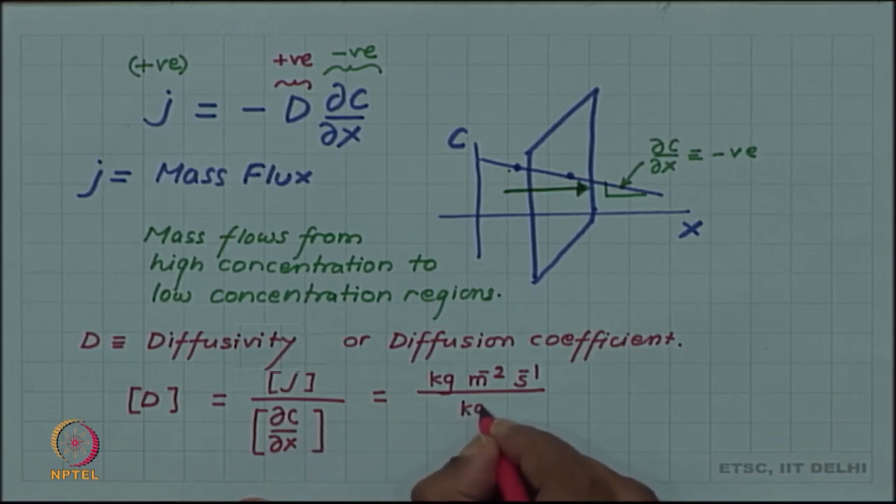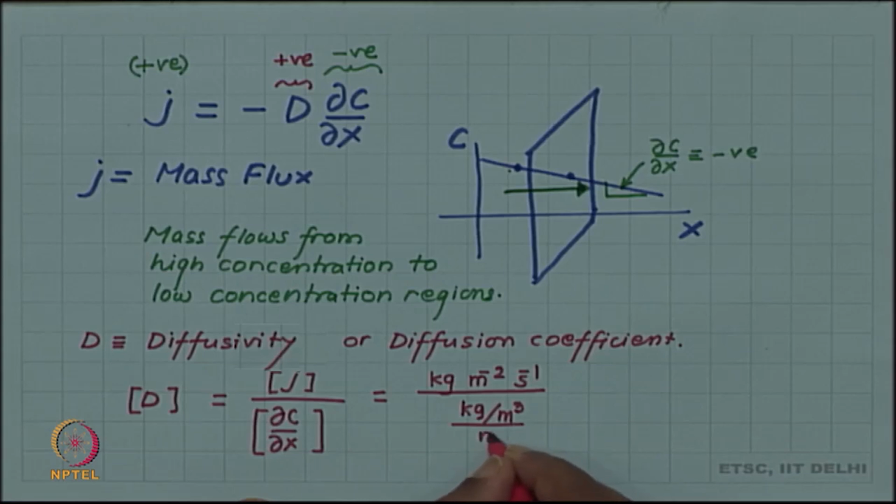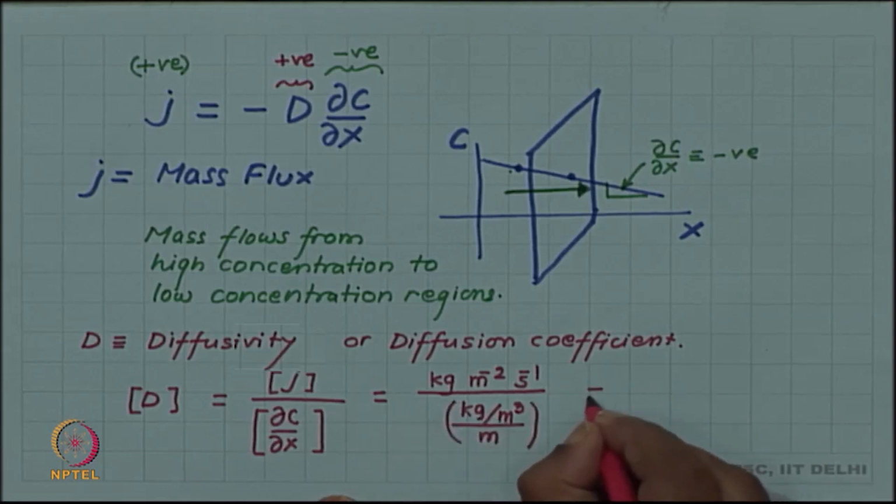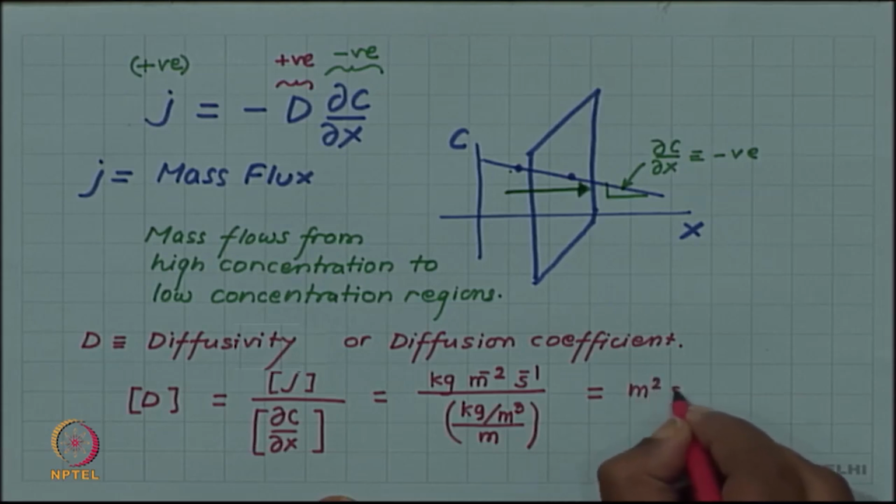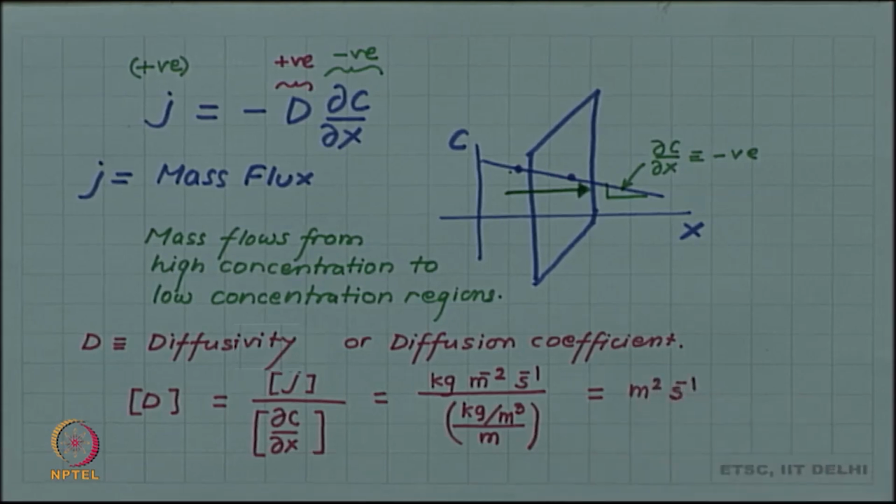So, in this case it should be kg per meter cube, but since it is a gradient, one more meter in the denominator comes. If you work this out, it will be simply meter square per second.